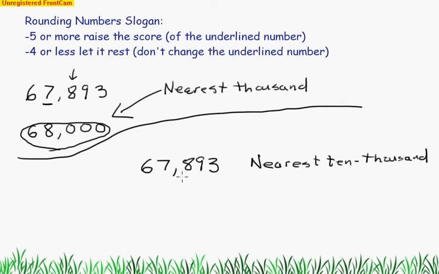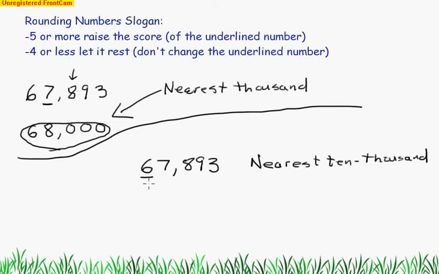So I would follow my step-by-step procedure and I would underline the number I'm rounding to. Ones column, tens column, hundreds column, thousands, 10,000s. So let's underline that 6.